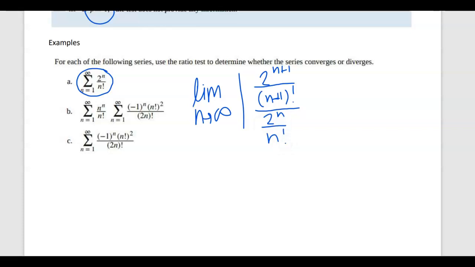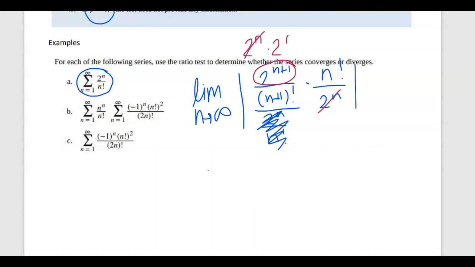Now that's the same thing as multiplying by the reciprocal of a sub n. All right, let's talk through what some of these n plus 1 terms are. 2 to the n plus 1 is 2 to the n, like bases add exponents. So that is the same thing as 2 to the n times 2 to the 1. That means our 2 to the n's are going to cancel.